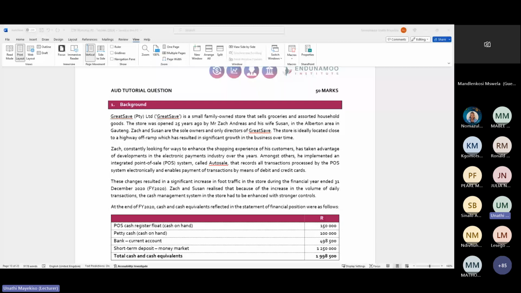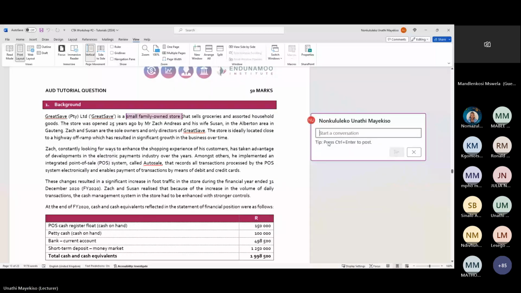In noting that it is a family-owned business, what about it being a family-owned business do you think is important or worth noting? With it being a family business, maybe with regards to close relationships, the CPC might come into play later on. Okay, I'm going to add that in italics.